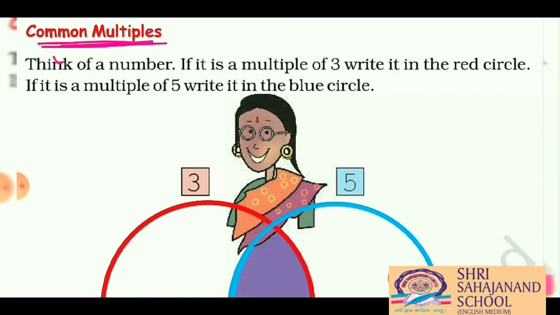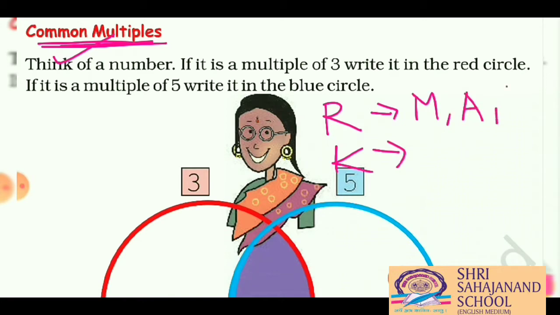So common multiples, we have to know what a common multiple is. To understand this common thing, I am going to do an activity. For example, there are two friends, Ravi and Kishan. Ravi has 3 fruits. First is mango, second is apple, and last is banana. Ravi has 3 types of fruits.